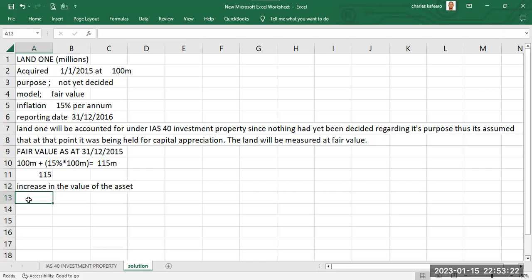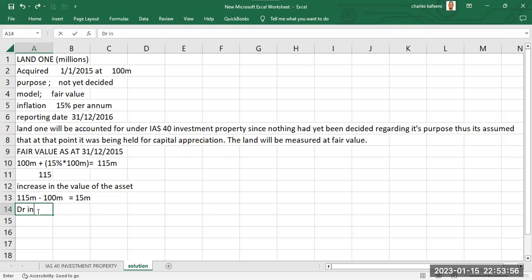We get the new cost or the fair value, which is the 115 million minus the 100 million. This will give us 15 million, and this 15 million will be a debit. We are debiting the asset, which is the land.